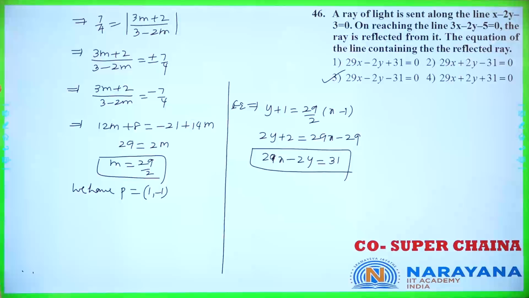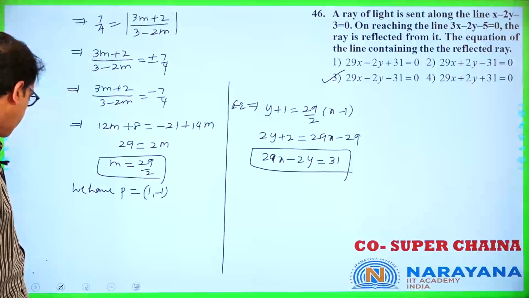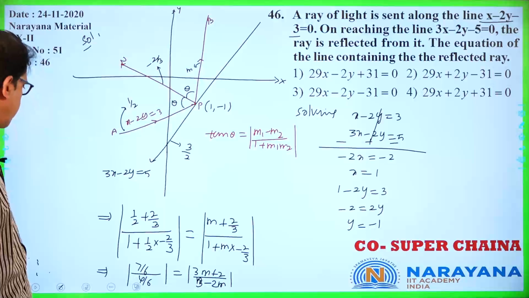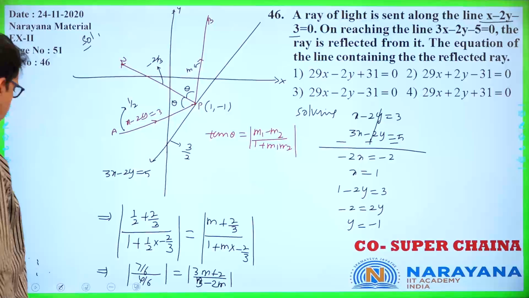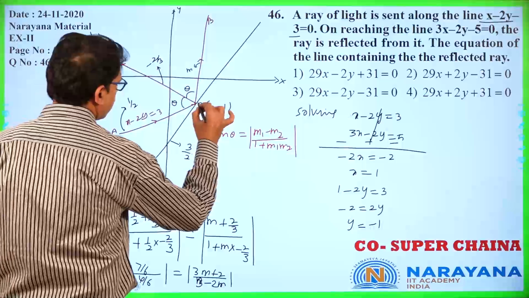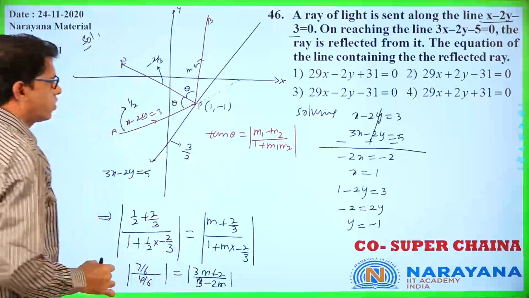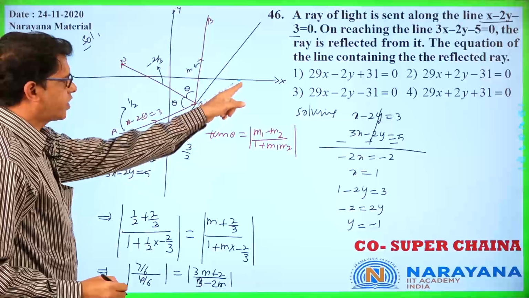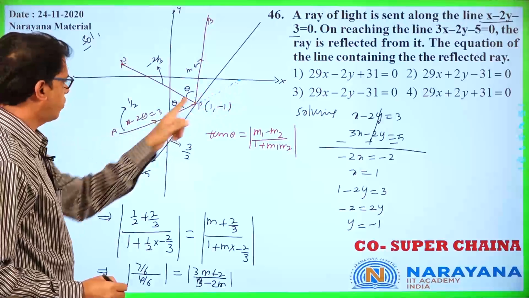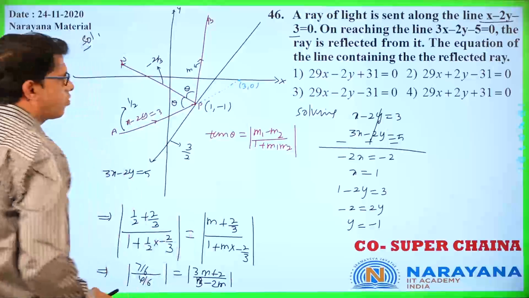Okay. Next one. You can do this one in another method. How to find? Say you produce this line, it intersects the x-axis. Put y equal to 0, and this point is (3, 0).